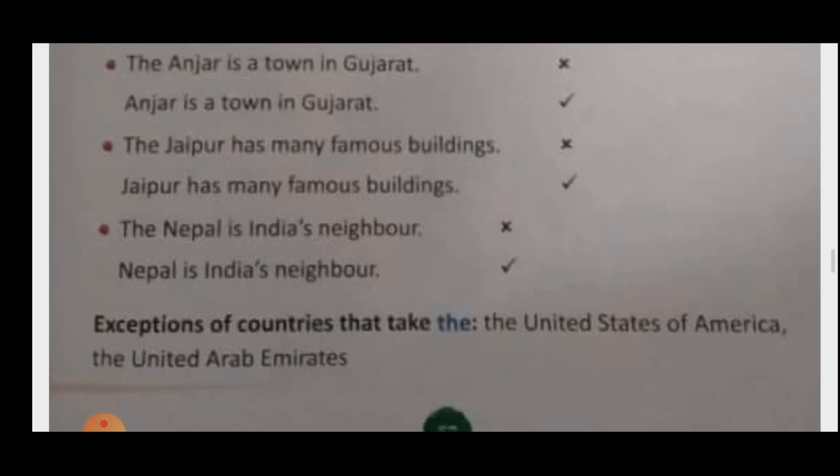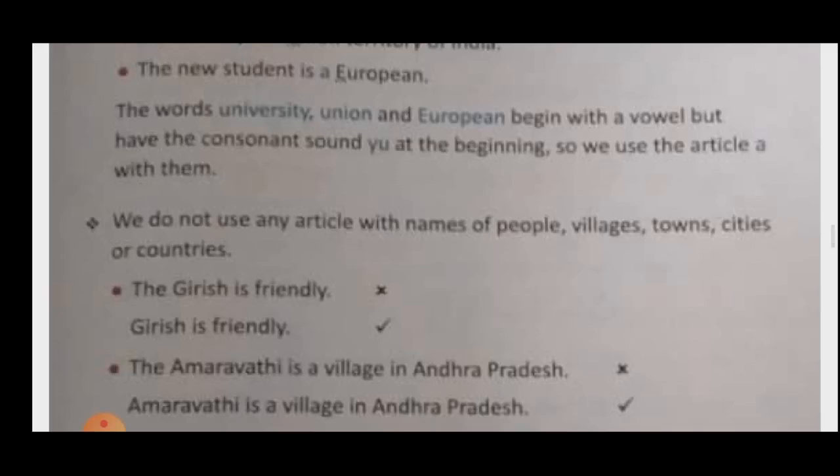So these things you have to remember: you can use the with a prominent, specific thing, the thing which is famous all over the world and is only one of its kind. And if we are talking about the same thing, giving importance to the same thing, and we are repeating the same word, for that we have to use the. Otherwise, we do not have to use the.